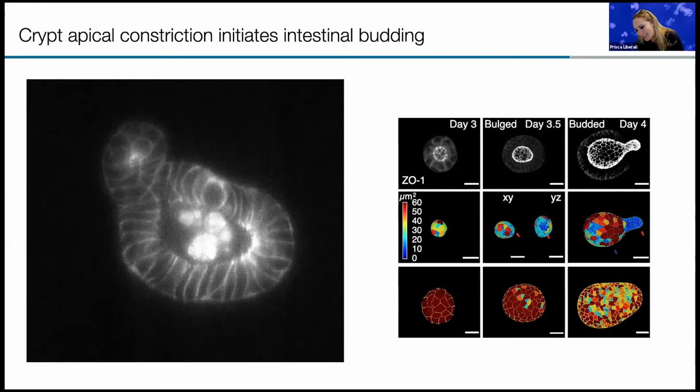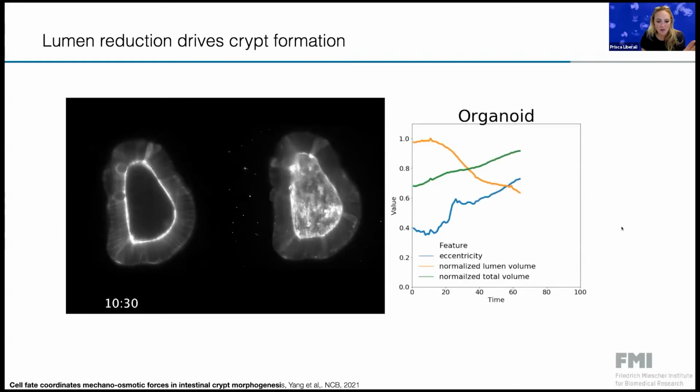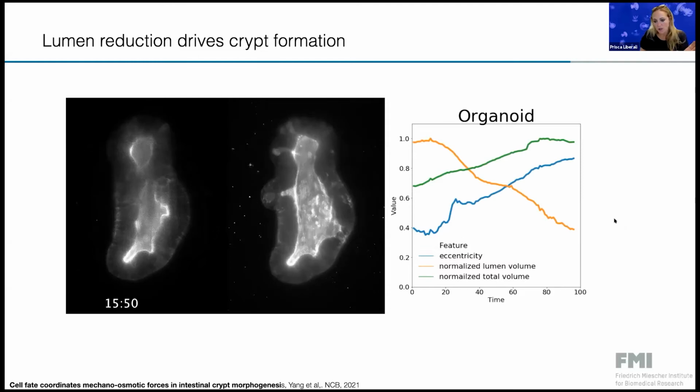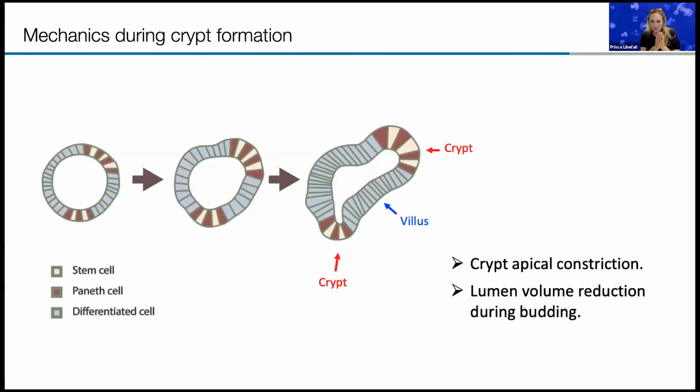But what you actually see is this really apical constriction, and the apical domain of the cells in the crypt starts being very small. Simultaneously, also quantifying in many different organoids, you see this very strong lumen reduction here in orange, while the total volume stays quite constant. So the mechanics during crypt formation is that you have first this apical constriction, and then you have also lumen volume reduction.